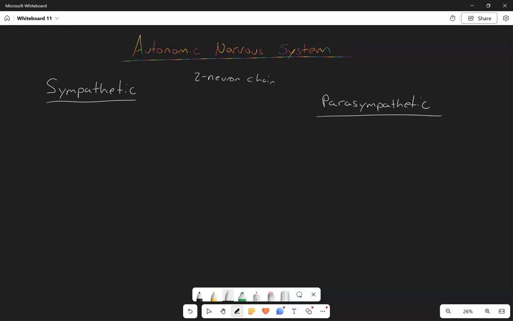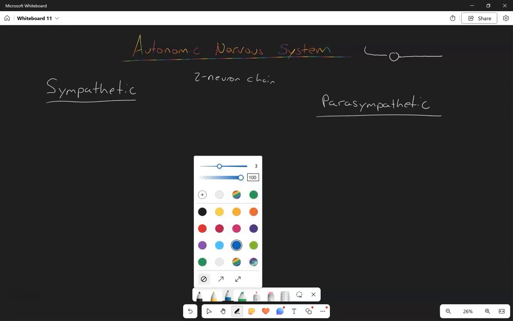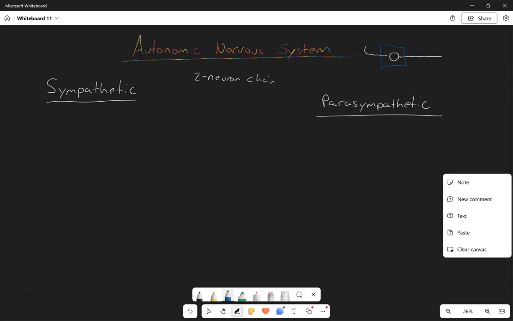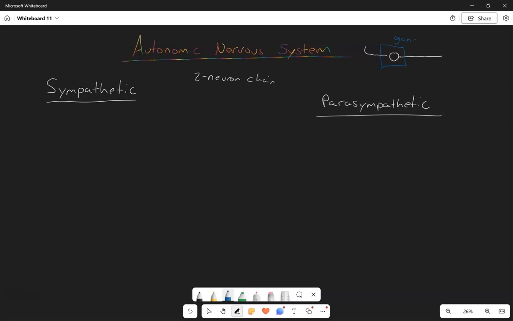What that means is that you have a neuron that exits the central nervous system, then it synapses with a secondary neuron, right? And this region where it synapses is going to be a collection of cell bodies outside of the central nervous system, right? So what do we call a collection of cell bodies outside of the nervous system? We call those ganglia. So there's going to be sympathetic ganglia and parasympathetic ganglia.